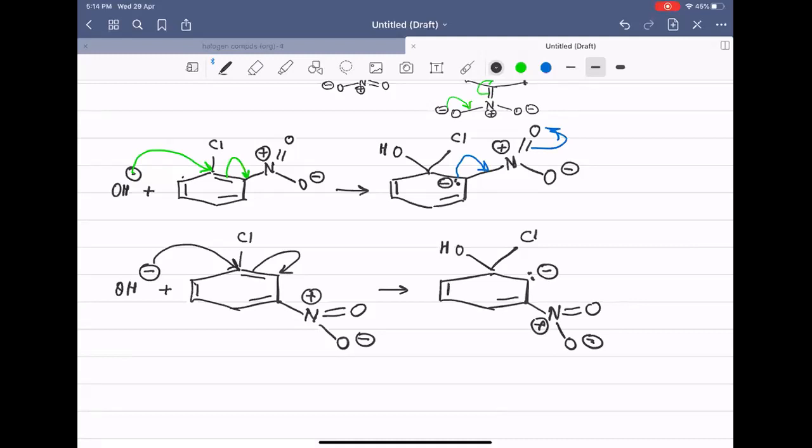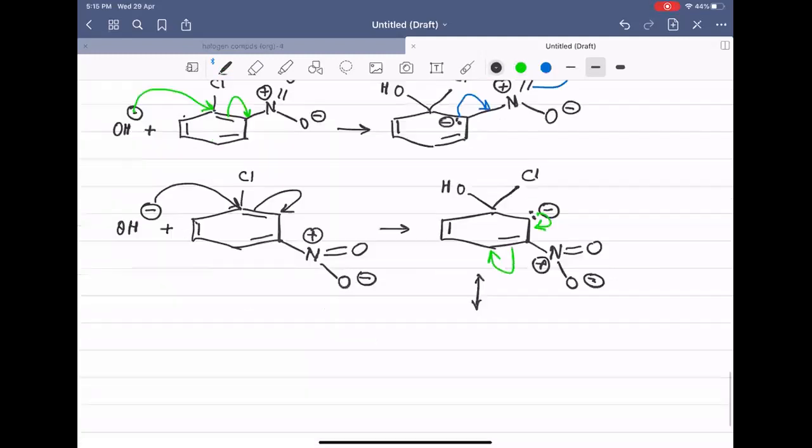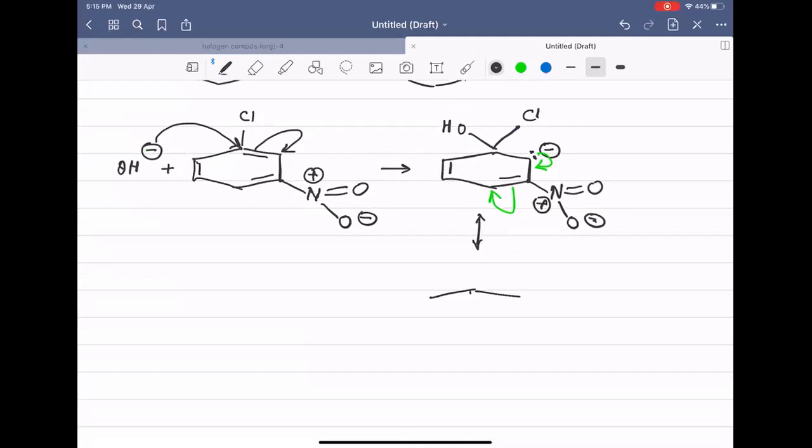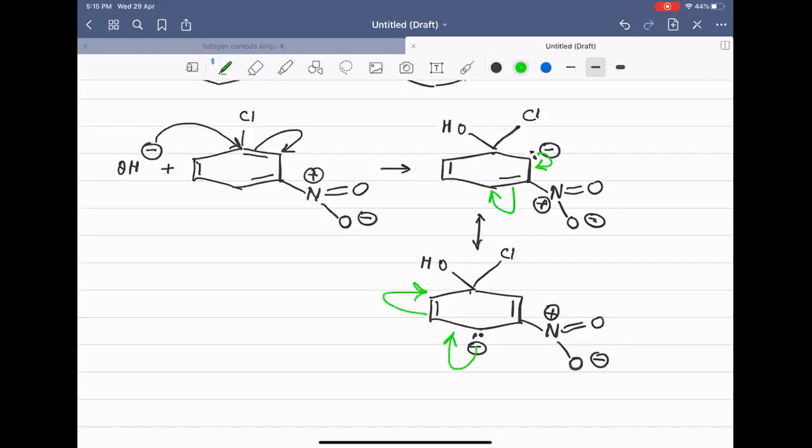The next step would be lone pair becomes a pi bond becomes a lone pair. Closely observe the structures now. Your OH and Cl, you have a lone pair here now. And now the lone pair would move on to this next position.